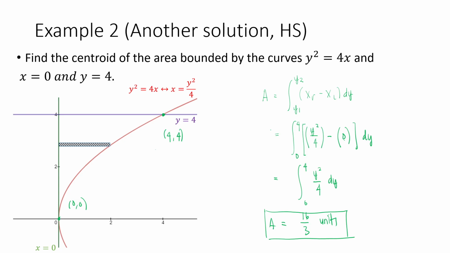But of course, you also have to examine the bounded region to see if both strips can be used. What if only the vertical strip can be used and you are forced to use a complicated expression? Of course, there's no choice, because we cannot use the other strip which gives an easier expression. So you have to be very observant with the problem, with the strip you're going to use, and with the equations that you're going to input in your calculator.